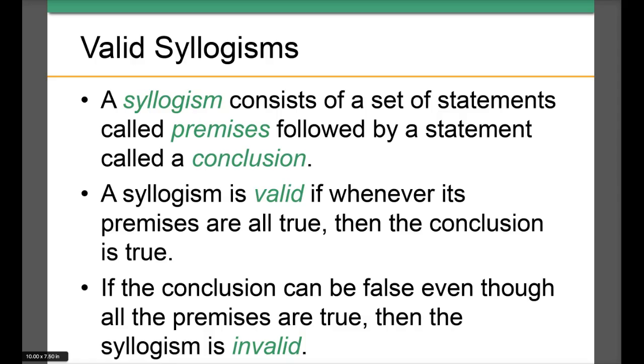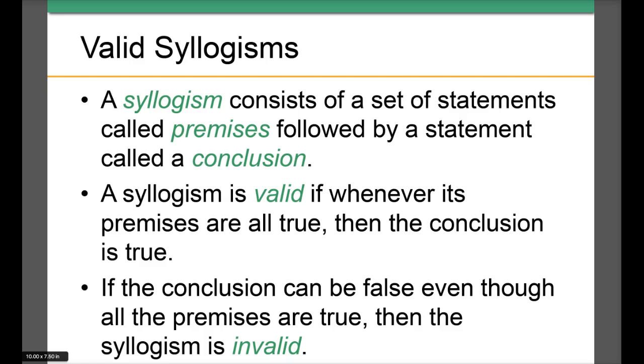All right, so now let's move on and talk about syllogisms. A syllogism consists of a set of statements called premises, followed by a statement called a conclusion. So it's a specific type of argument where you start off with a set of statements, you set some premises, and then you have a particular conclusion.